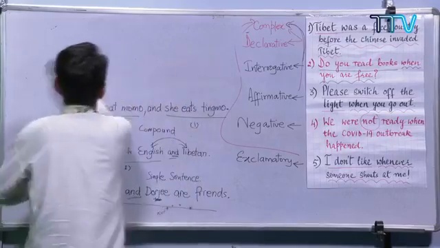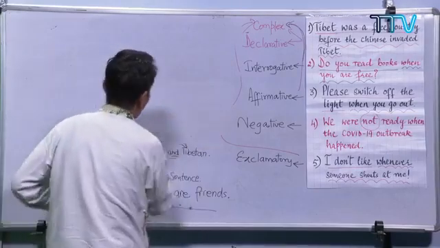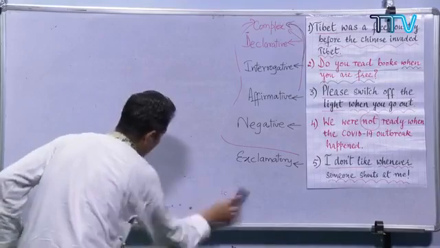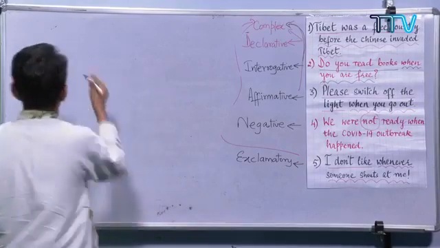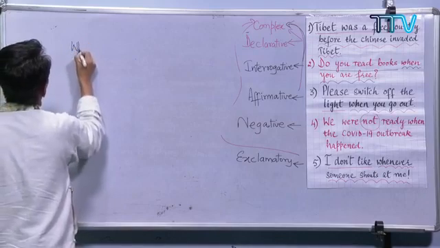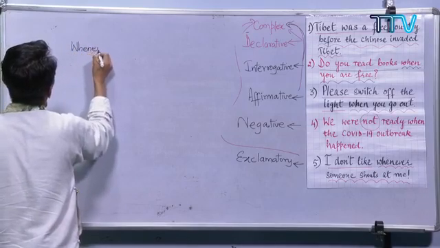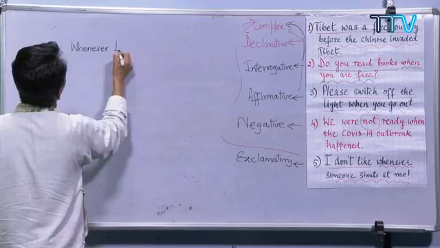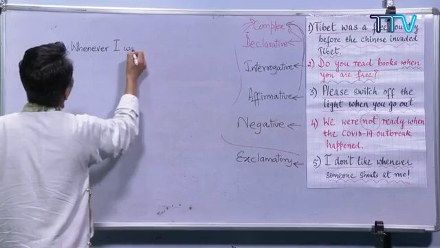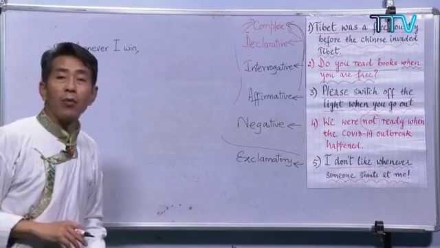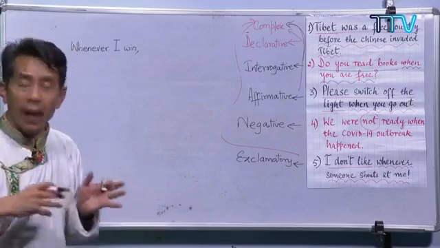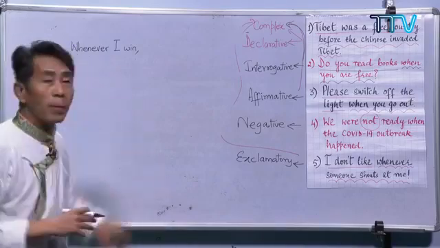Okay, now let us talk about compound sentence. Again, whenever I win. Now this is a clause, and this is a dependent clause because it does not make any sense.